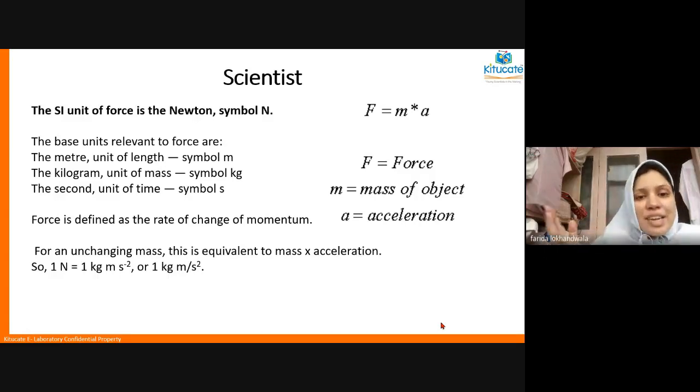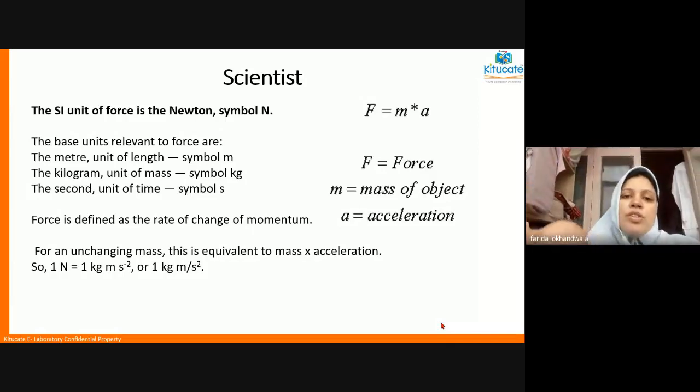So your acceleration will be the change in your speed, that is 10 minus 0, divided by the time. In how much time did you accelerate it? So acceleration is always equal to final velocity minus initial velocity divided by the time. That is how you get the concept of acceleration. This concept is very clear when we do Newton's laws. Newton's law speaks about acceleration in one of its laws.